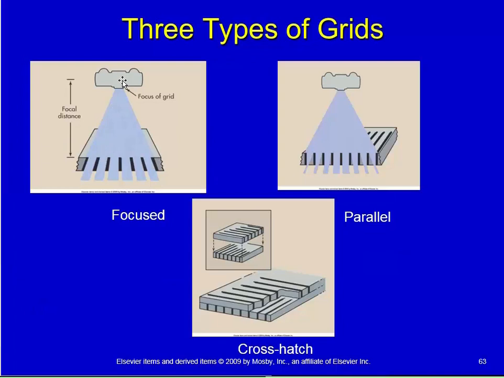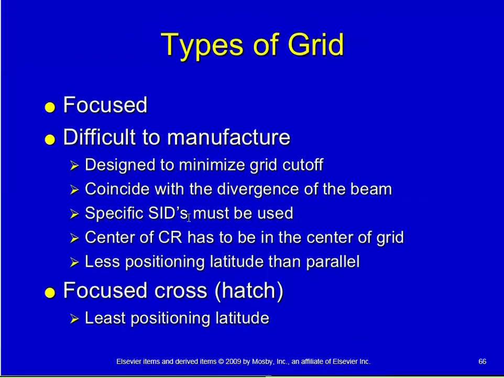So going back to our graphic, if we were to take our tube and drop it down to where our divergence increases, then our divergent central ray is not going to be parallel to our grid strips. So it's got to be used with a specific SID.